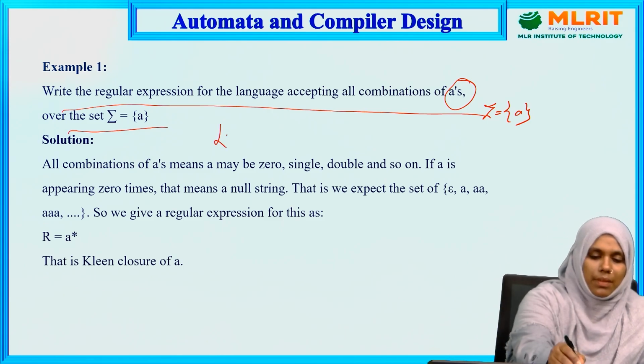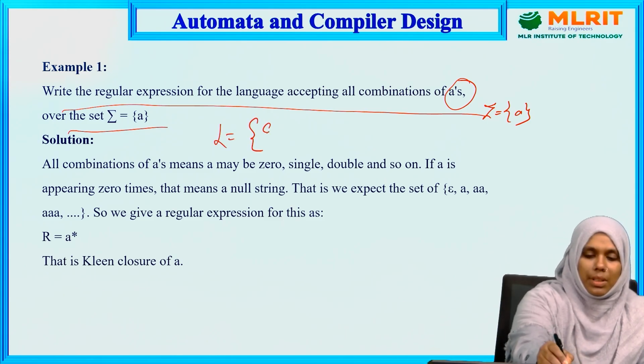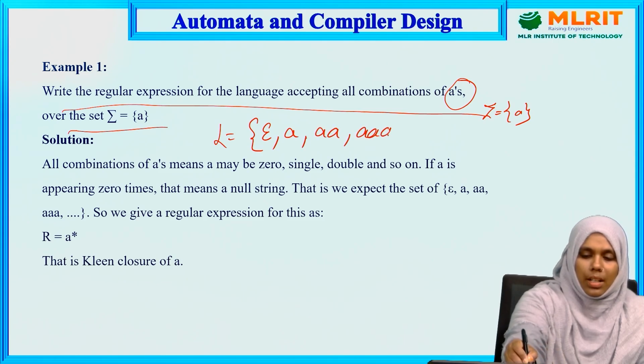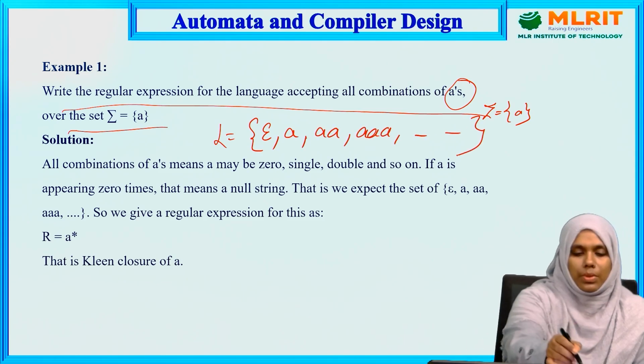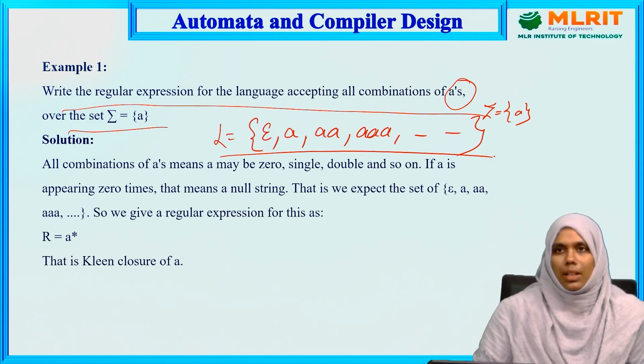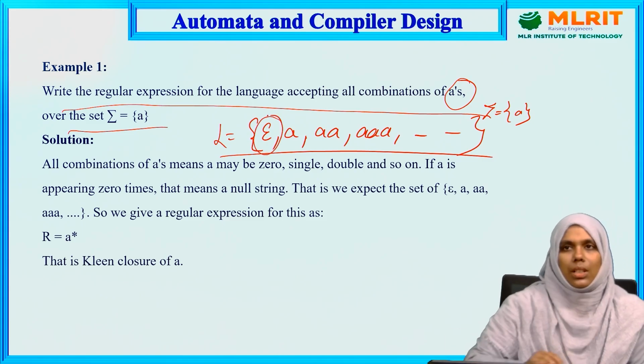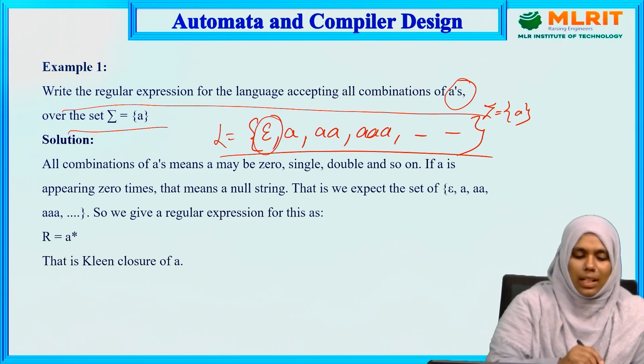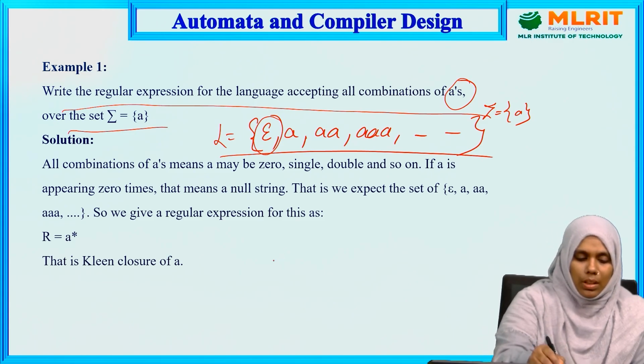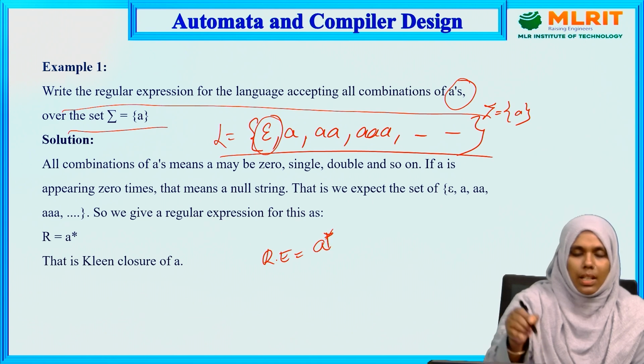That means the language can be written as epsilon, A, double A, triple A, and so on. For this language we have to write the regular expression. Since epsilon is there in the language, the regular expression can be written as A power star.